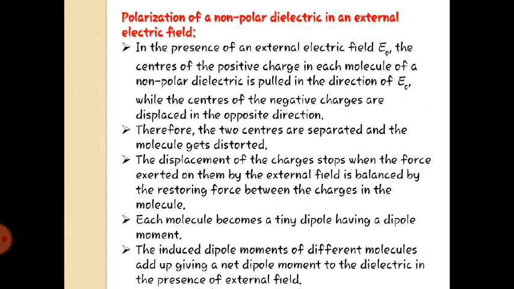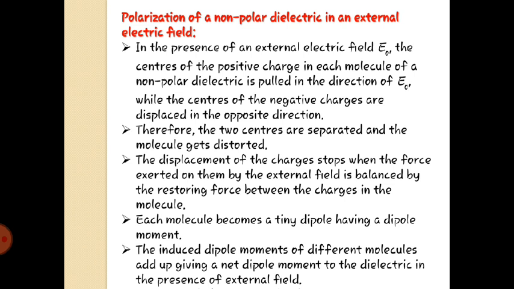So when the external field is applied, the centers of positive charges in each molecule of non-polar is pulled in the direction of E0. It gets pulled towards E0, while the center of negative charges, now what is the center of negative charges? That means electrons are displaced in the opposite direction.